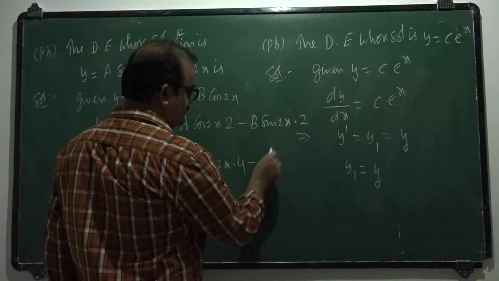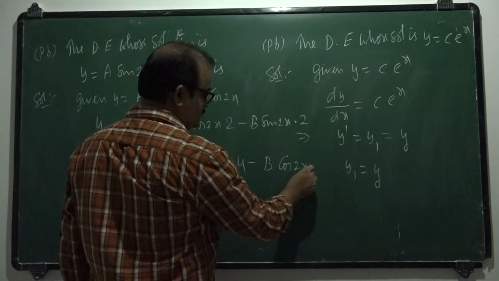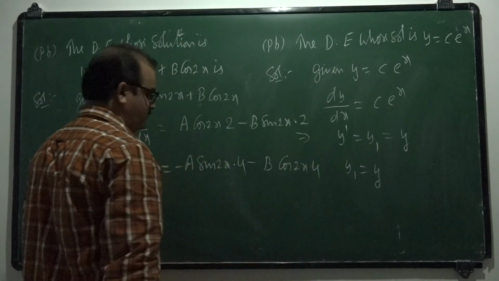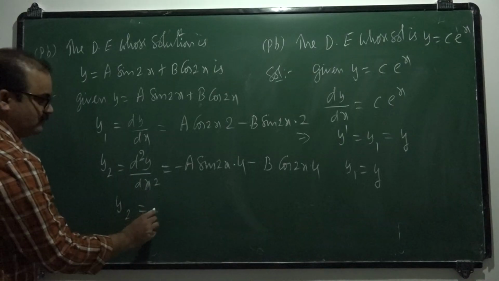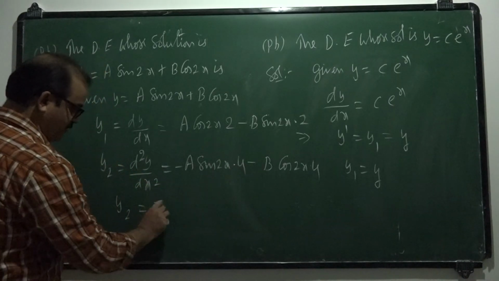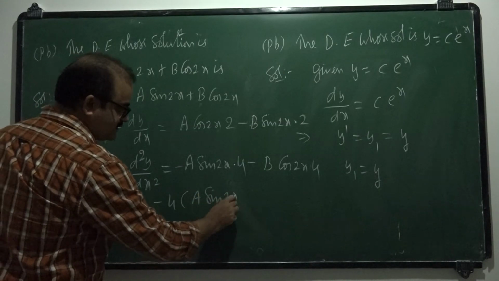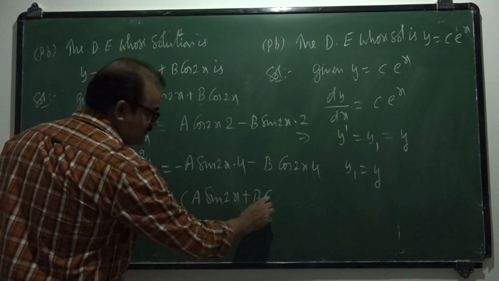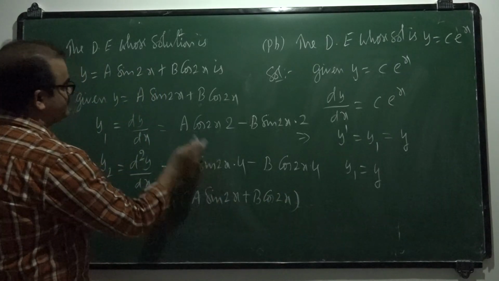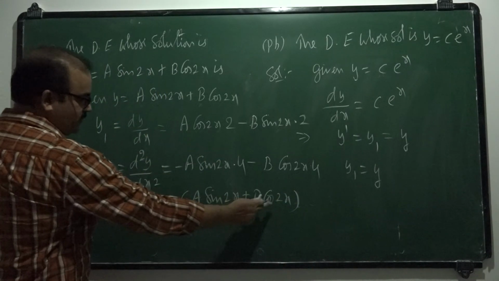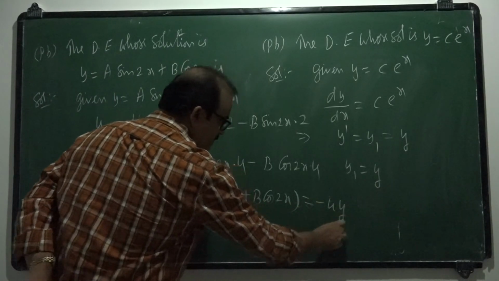Minus b into derivative of sin 2x, cos 2x into 2. 2 into 2, 4. So from this y2 is equal to, take minus 4 common, minus 4 into a sin 2x plus b cos 2x. But this is y. A sin 2x plus b cos 2x is y. So this is equal to minus 4y.